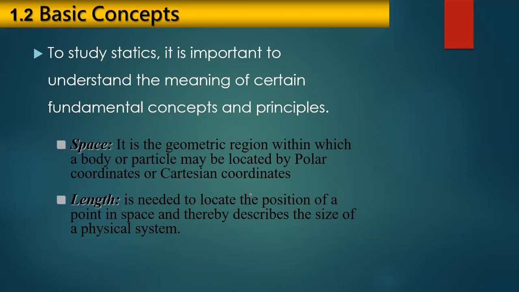The same length that you know is the length that we're talking about, and even the same space that you know is the space that we're talking about. It's just that these statements are technical ways of describing these terms.